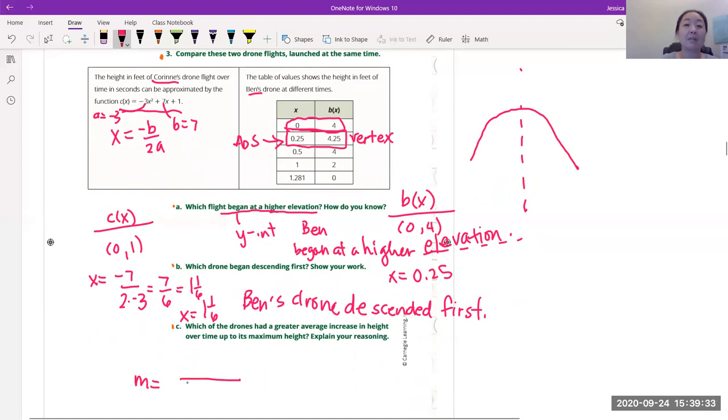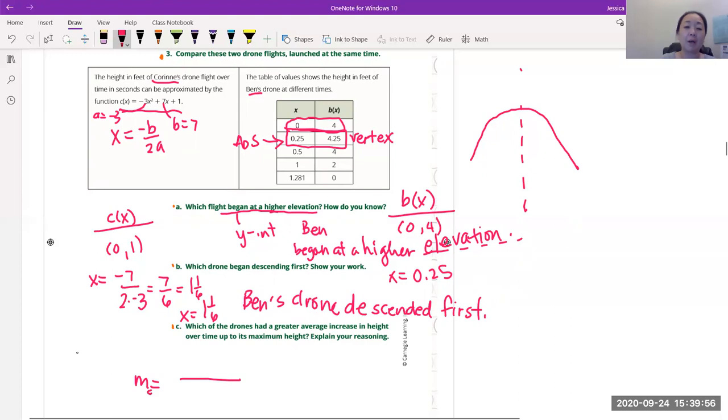So this is the slope for Corin. Where do we end up? We ended up at 1.16.